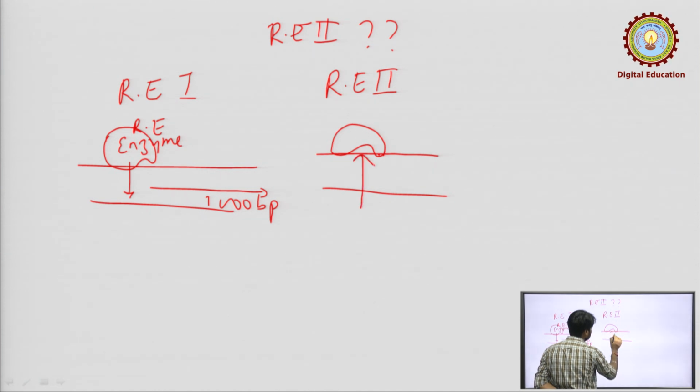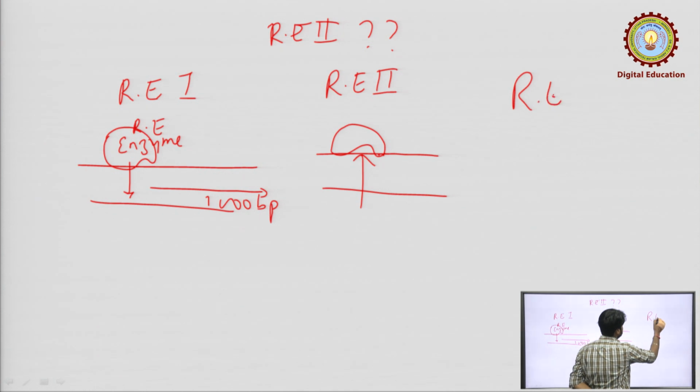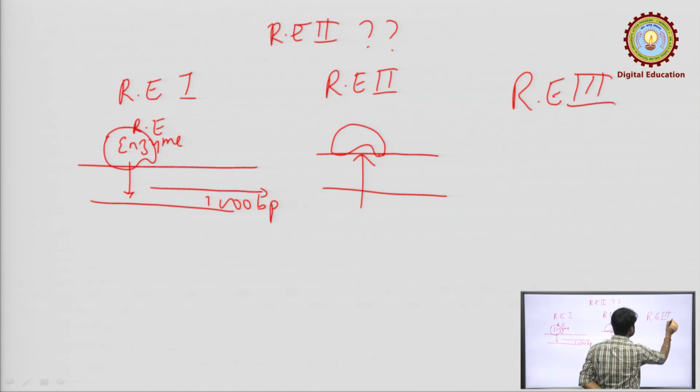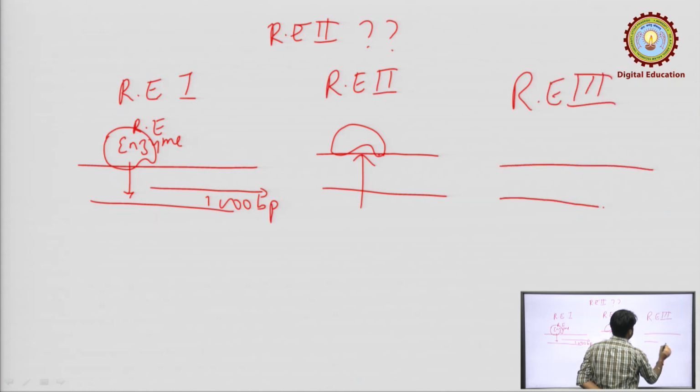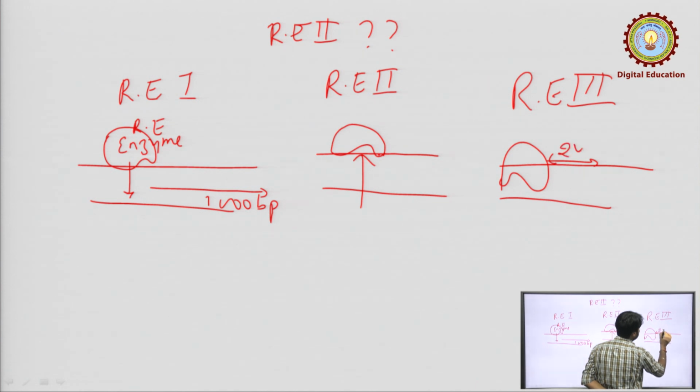and it will cut at the same place. In the case of restriction enzyme type 3, it recognizes the site here and cuts after 24 to 26 base pairs.